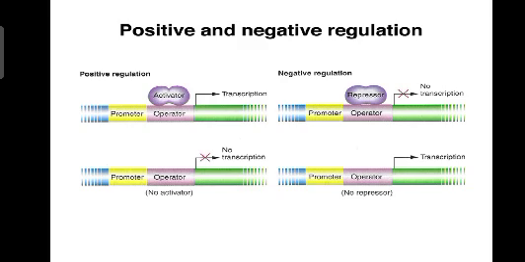Here the diagram shows the positive and negative regulation. In the first diagram, the activator protein binds and hence transcription is going on, whereas in the negative regulation, the repressor protein binds to the operator site and hence there is no transcription going on.